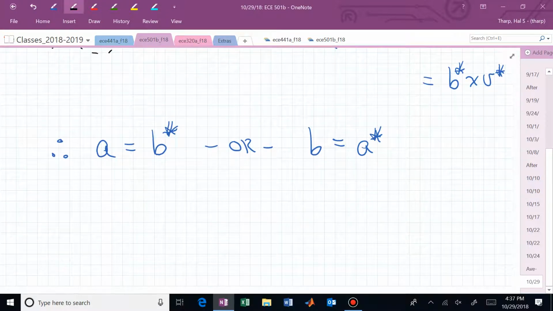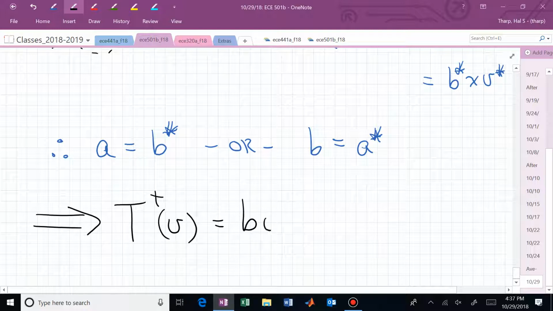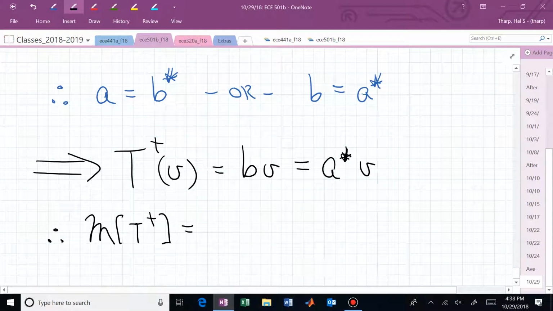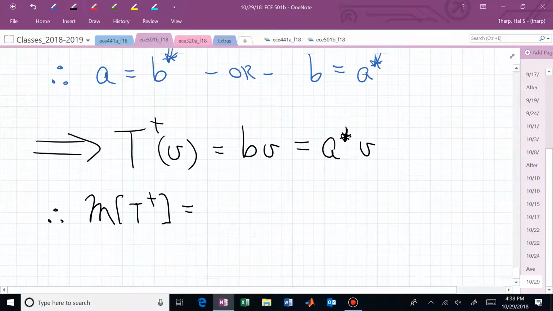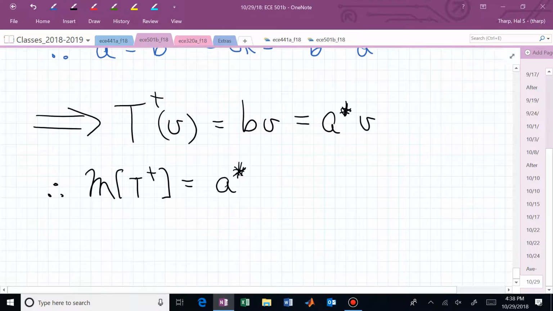Or now, if I wanted to write that, I could now say that T dagger V is, I said it was BV, but now I know what B actually is in terms of the original linear map T. That's now A complex conjugate V. Now I know what the matrix representation of that adjoint operator is. It's simply the complex conjugate of the original linear operator's map, which was A.